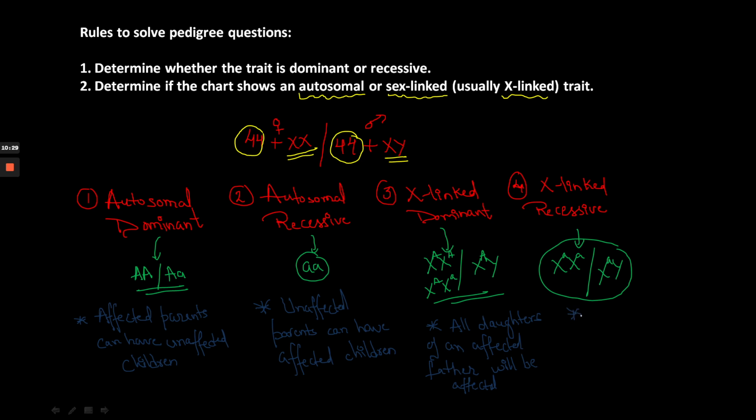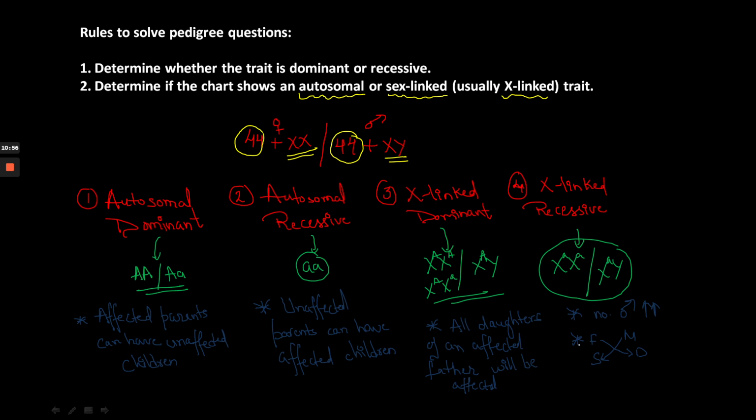And in the case of X-linked recessive, you will notice the number of male individuals is more as compared to female. Also, the X-linked type of inheritance commonly shows crisscross inheritance. So here the father will be passing on the disease to his daughter, while the mother will be passing on the disease to her son.